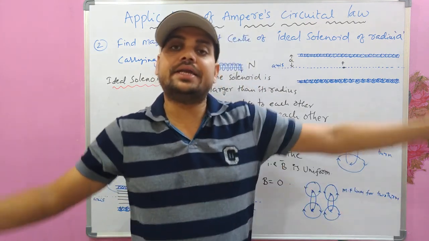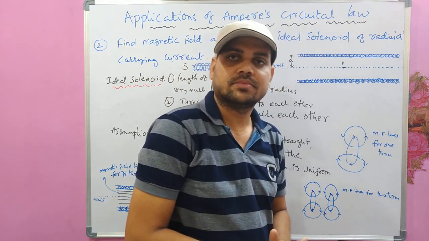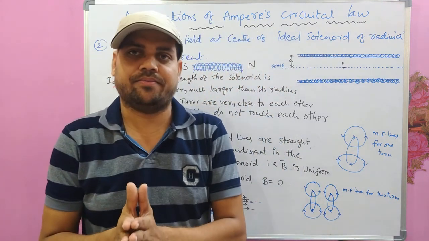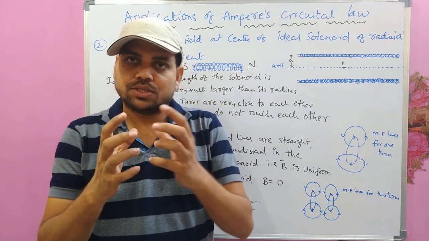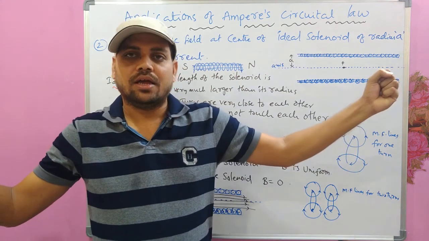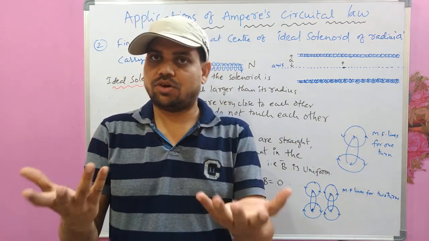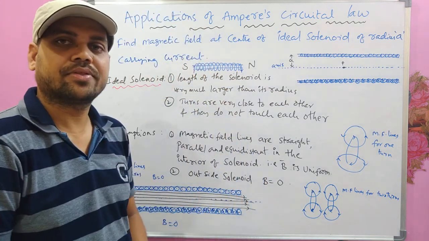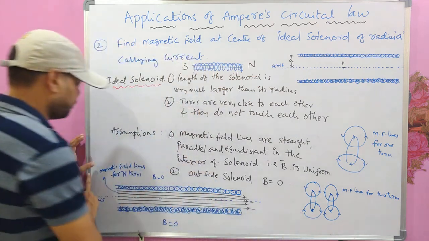If there are n number of turns like this, and if they are very close to each other, and if the solenoid is very large in length compared to its radius, which is called an ideal solenoid, then for an ideal solenoid the magnetic field lines will look like this.